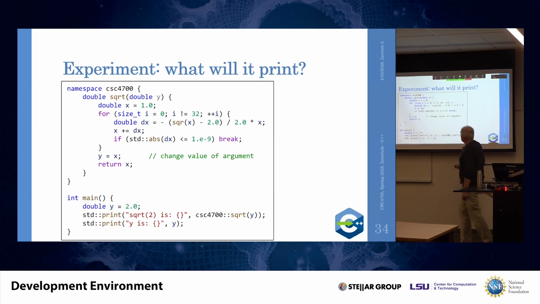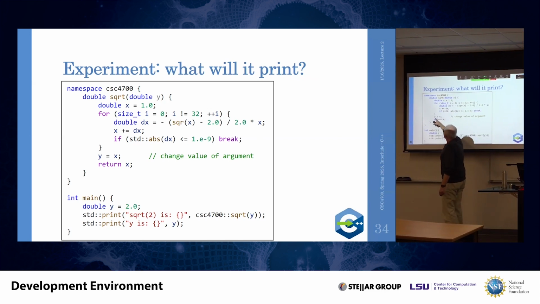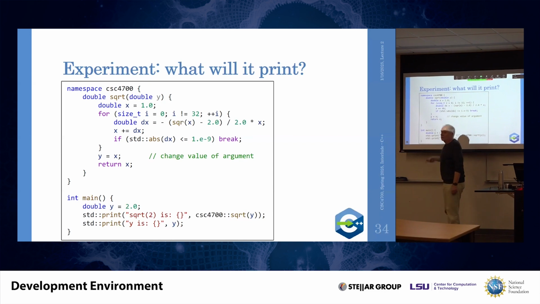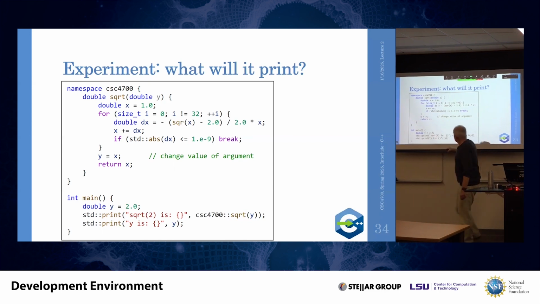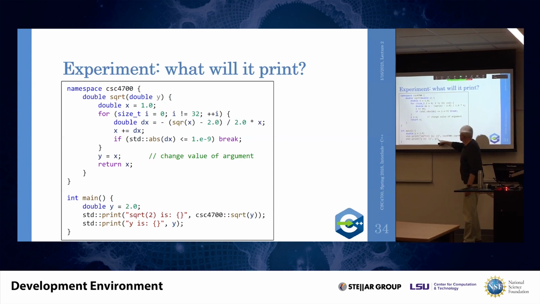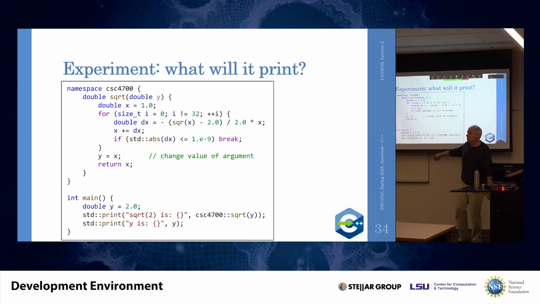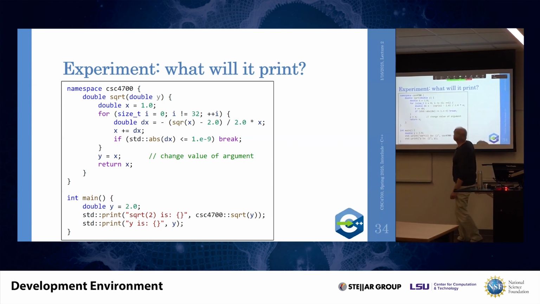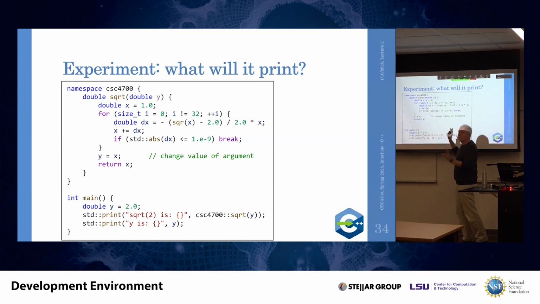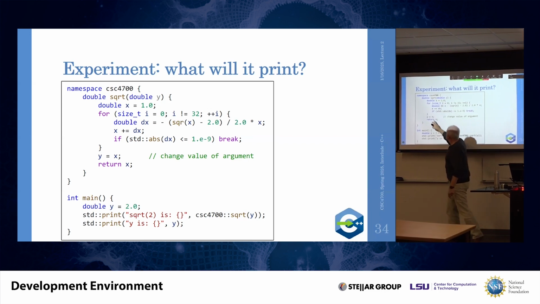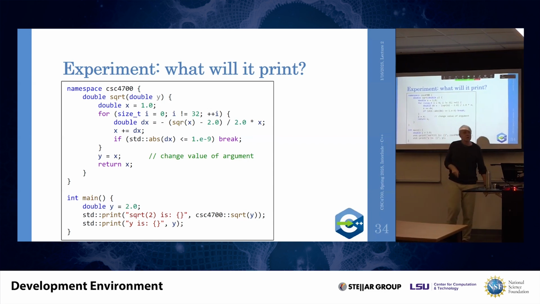Now, let's change that code and assign x to y before we return. And then we print y here. What will it print? We call the function, and just as an experiment, we assign x to y in addition here.